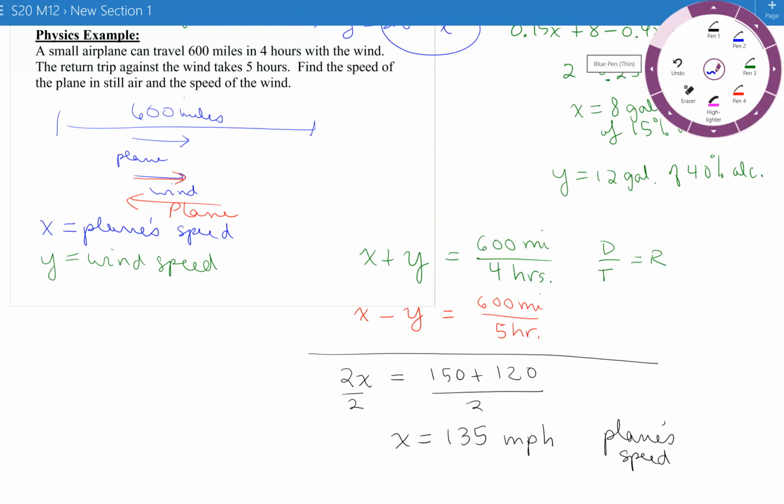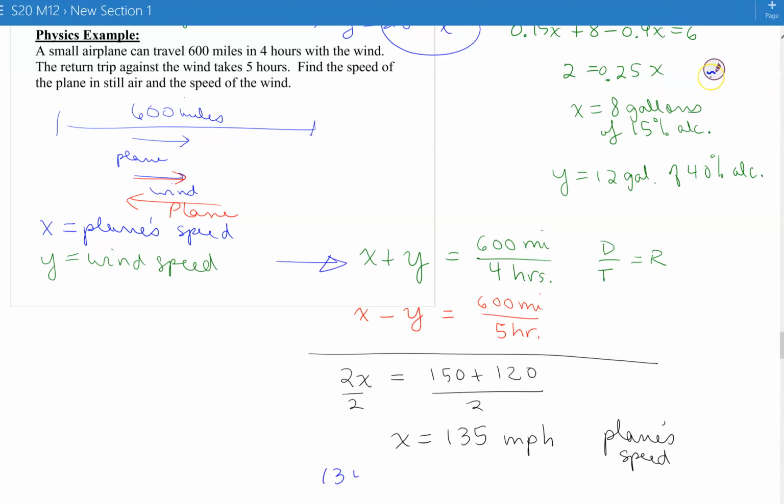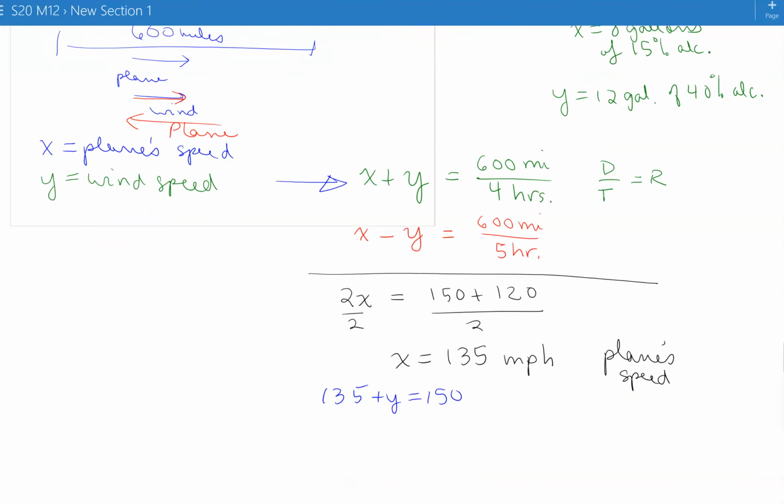And then I can use either one of these equations. So let me use the first one and say 135 plus y is 150. So the wind speed is 15 miles per hour. Pretty good wind.